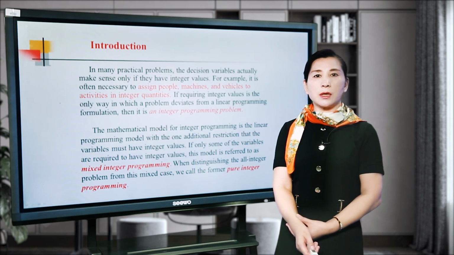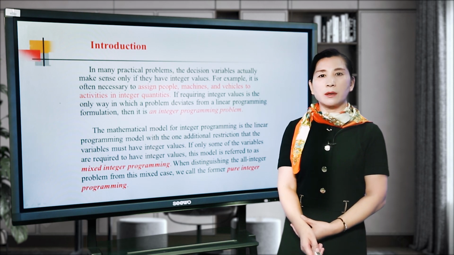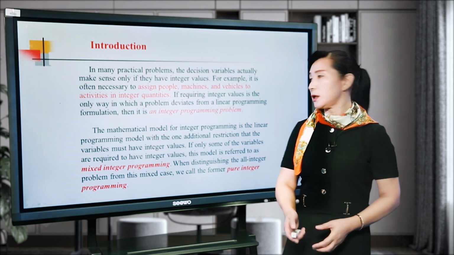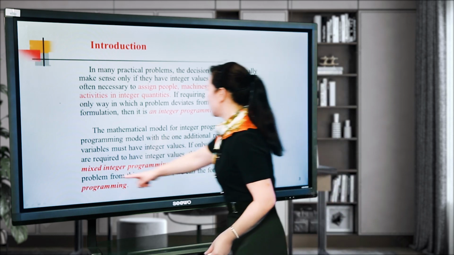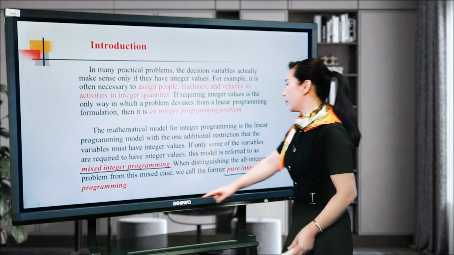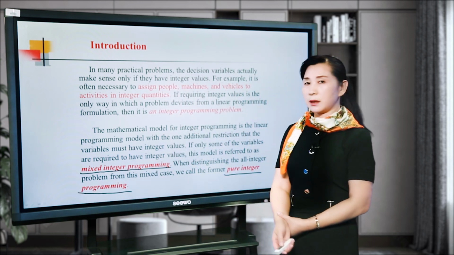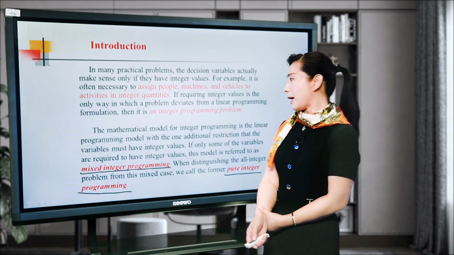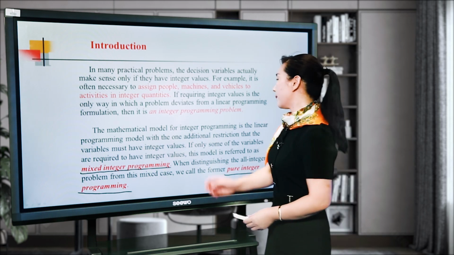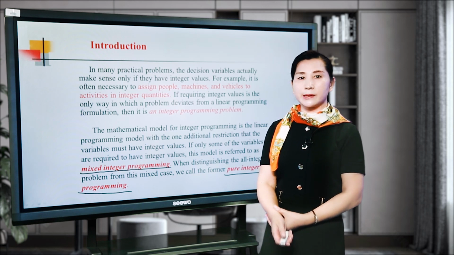One distinguishes the all-integer program from this mixed case. We call the former a pure integer program. This is a mixed integer program. This is a pure integer program. In a mixed program, some variables are integers and some are only real numbers. In a pure integer program, all the decision variables are integers.